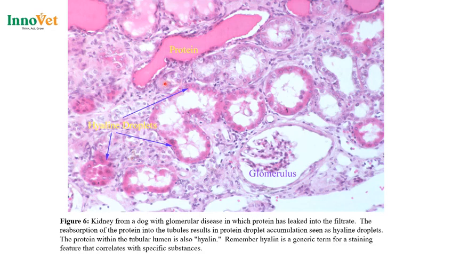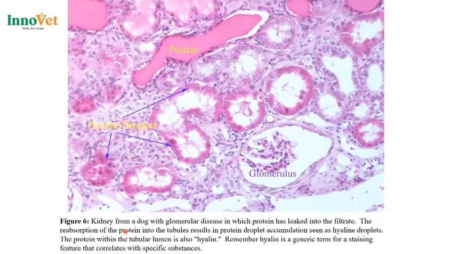In this histological section, we are able to appreciate the protein being deposited or precipitated within the kidney tubules. It appears pink staining or eosinophilic. These are what we call the hyalin casts or the hyalin droplets that are due to the deposition or the precipitation of protein. This is a kidney from a dog with glomerular disease in which protein has leaked into the filtrate.